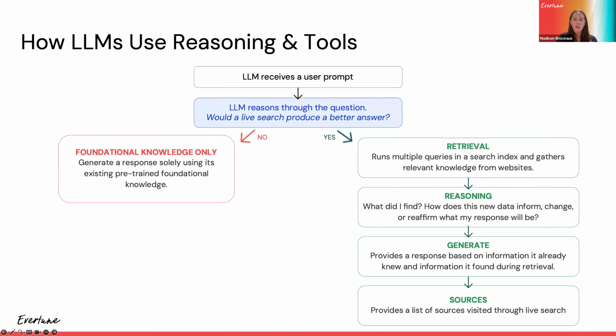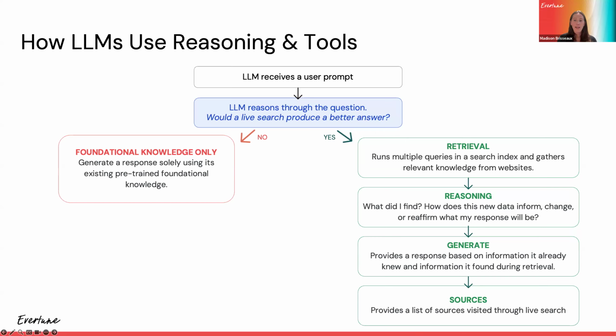Now, it's important to note that when an LLM is going beyond its foundational knowledge, it will often say something like "searching the web for." That means it's running this retrieval process to find new information on the web, updated information to augment its foundational knowledge.